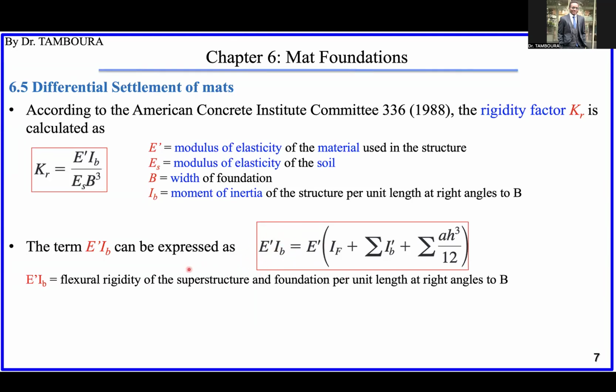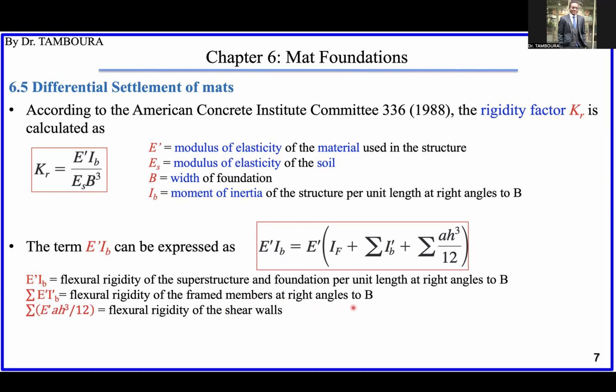This one is the flexural rigidity of the superstructure and the foundation per unit length at right angle to B. If we take the sum doing this one, it will be the flexural rigidity of the framed member at right angle to B. Maybe this one should not be here.